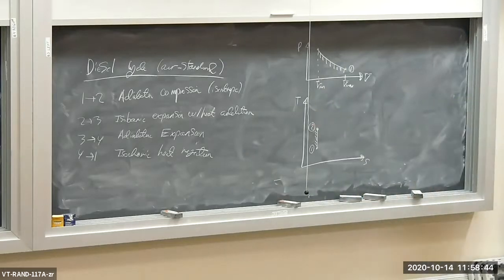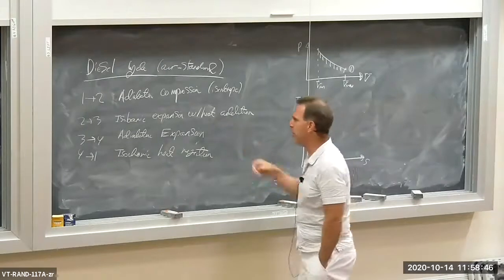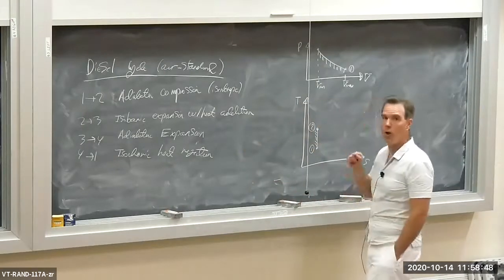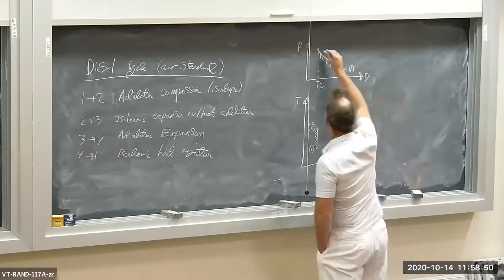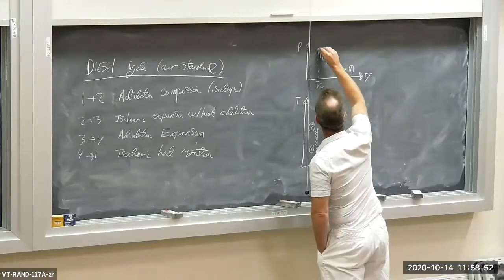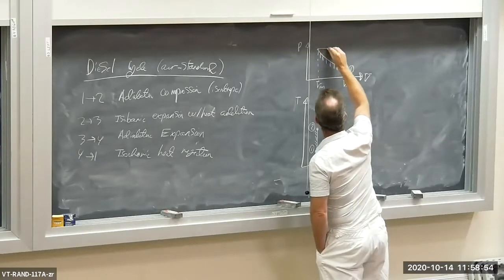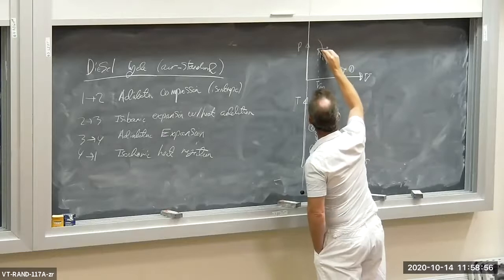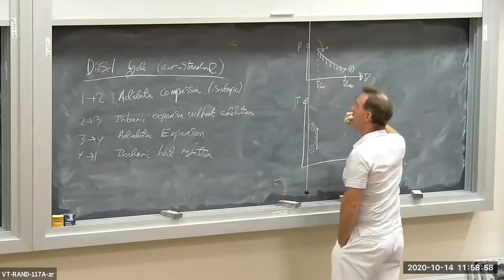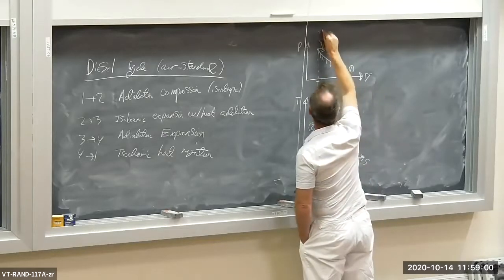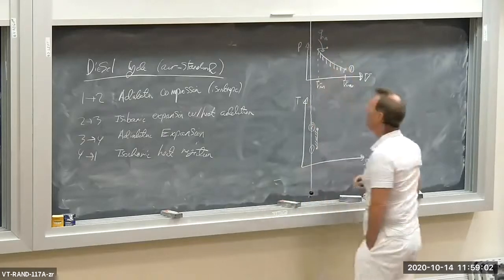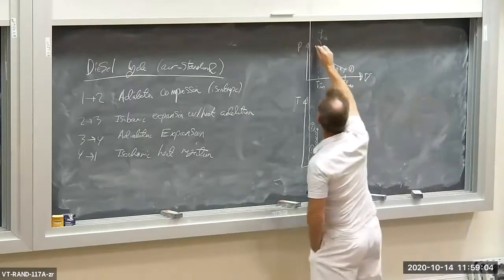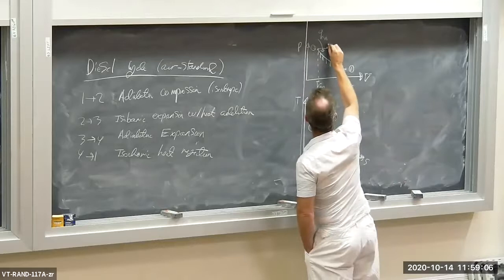But now, instead of having isochoric heat addition, we have isobaric expansion with heat addition. So we begin to expand the air, and we add heat at the same time. So Q in occurs from state 2 to state 3.